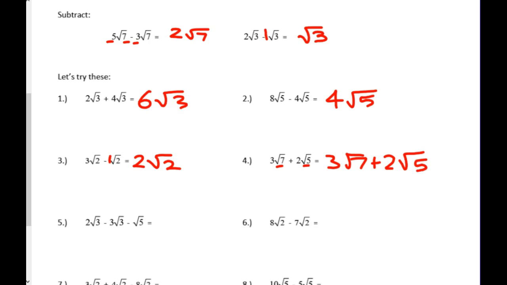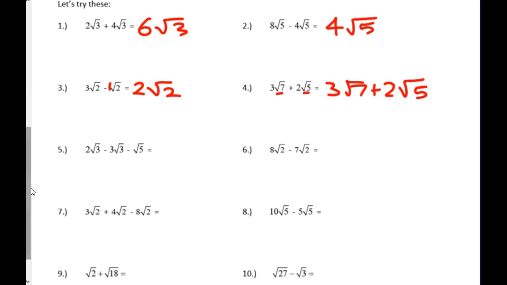Okay. Number 5. Are there like terms here? There are 2 like terms and 1 unlike term. So the ones that are like, you can combine. So let's do that. 2 square root of 3 minus 3 square root of 3. 2 minus 3 is what?